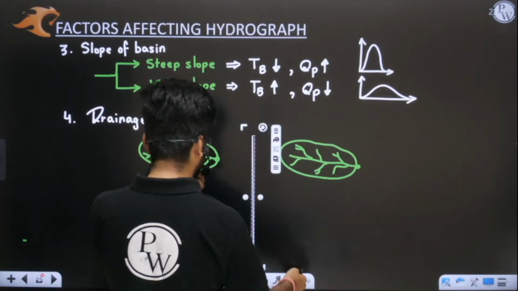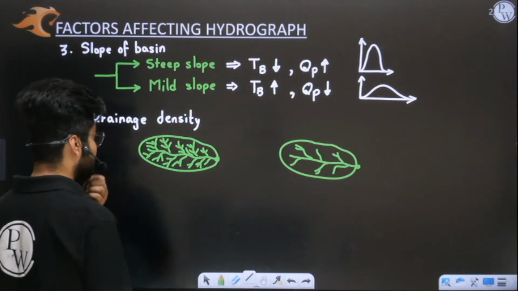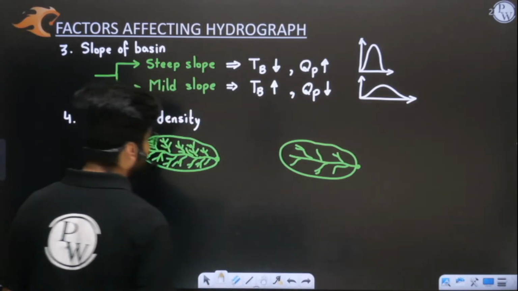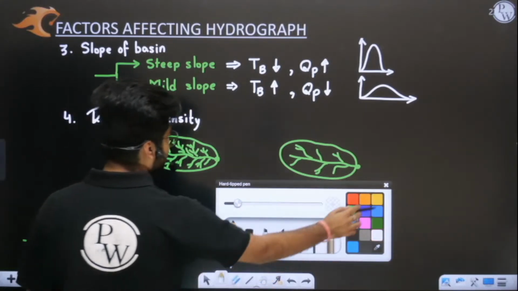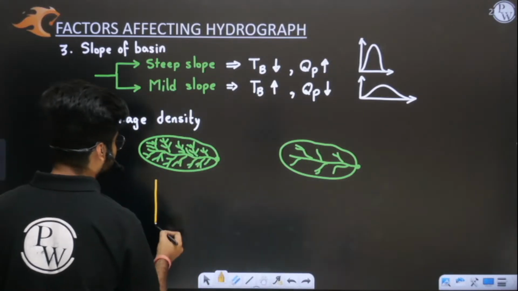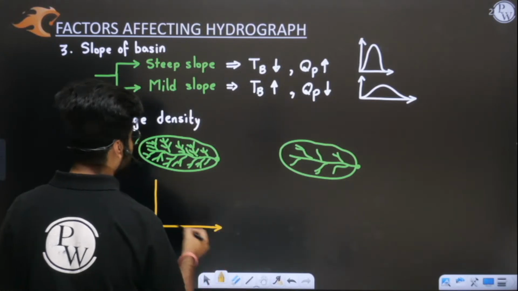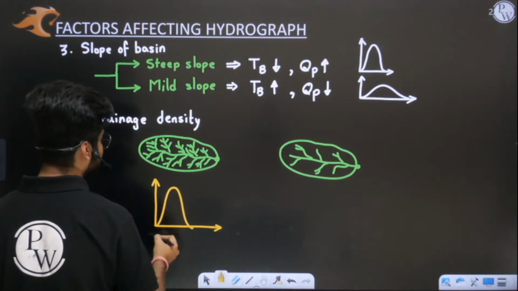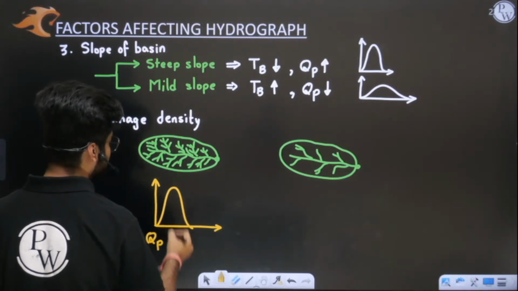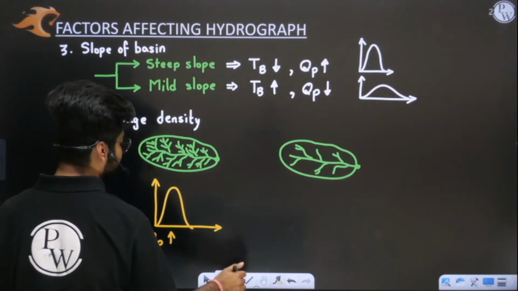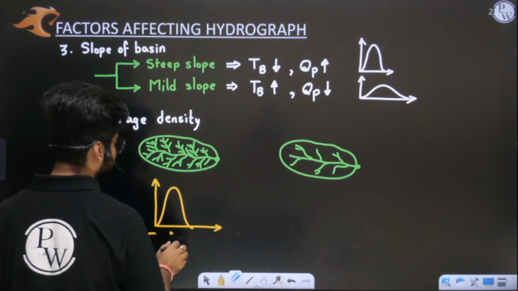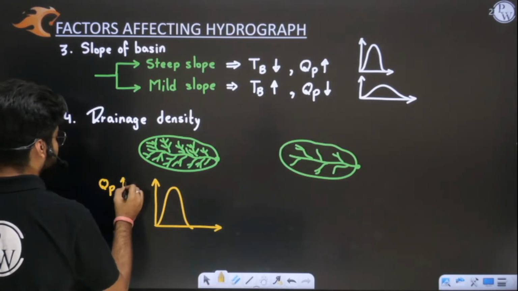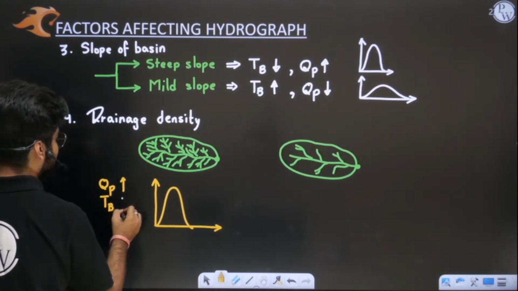So first thing, what is the meaning of drainage density? Exact meaning of drainage density is, okay, now tell me where water will drain off quickly. Sir, obviously in this one. When I draw the graph for this one, I will see that water will drain off quickly. Peak will be more and base time will be less.